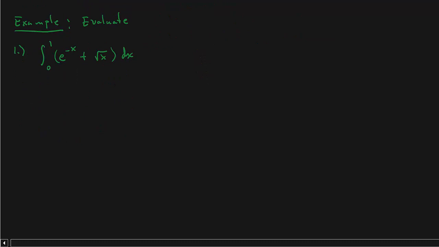All right, so we need to integrate this thing, and in order to do that, the first thing we need to do, we've got e to the negative x plus, we're going to rewrite that square root as x to the 1/2. And remember, we've done this already in previous videos.